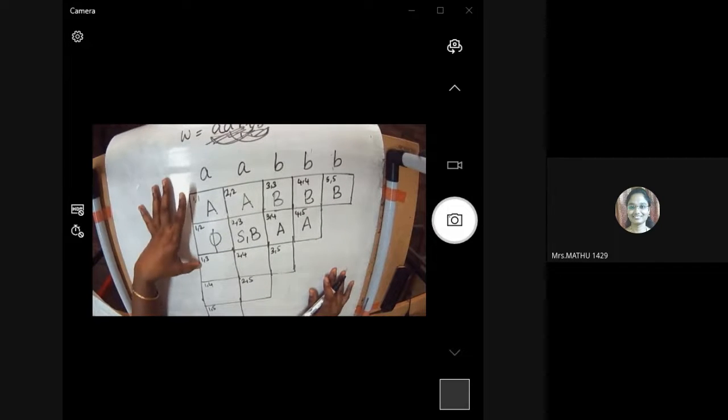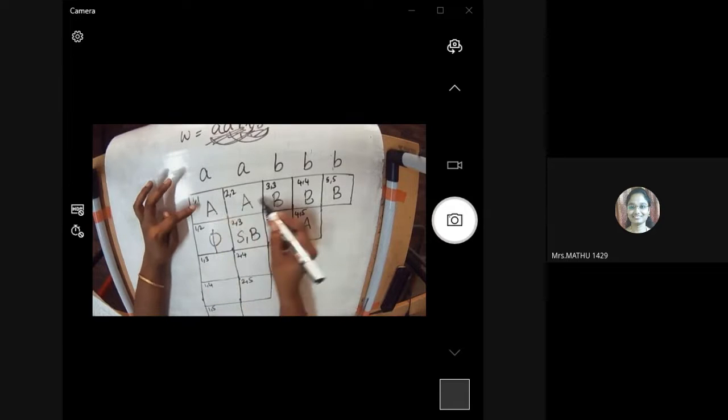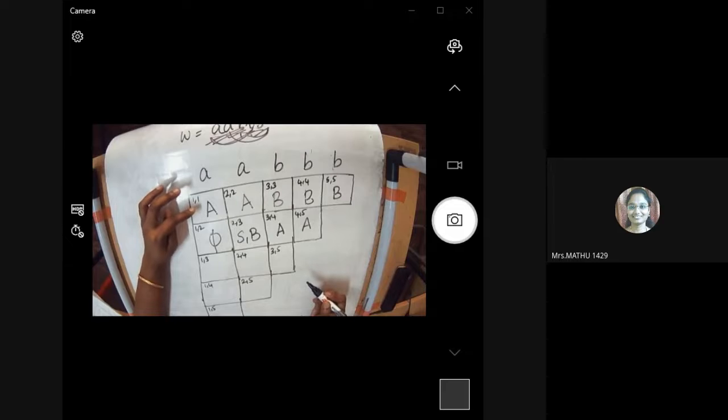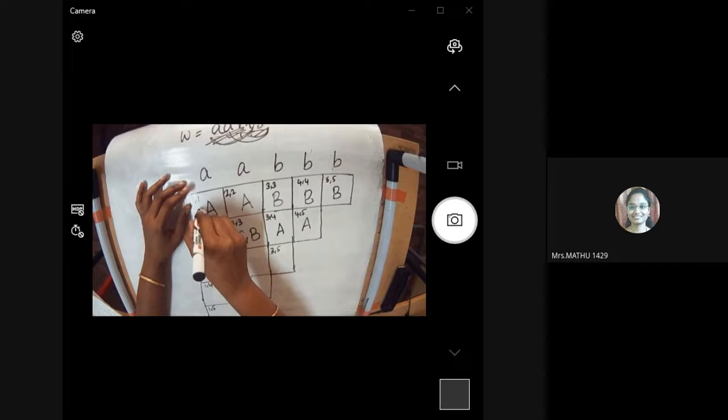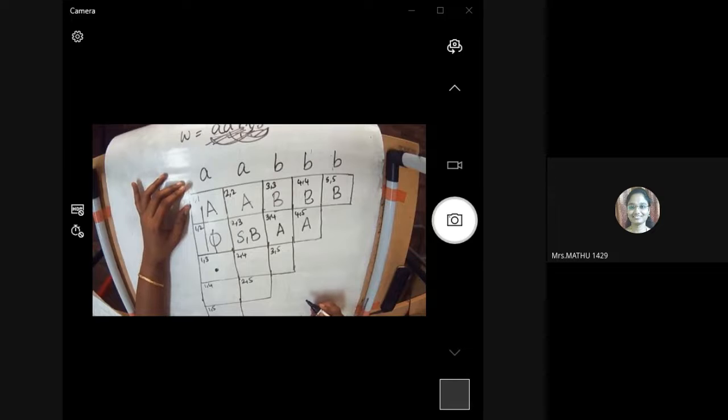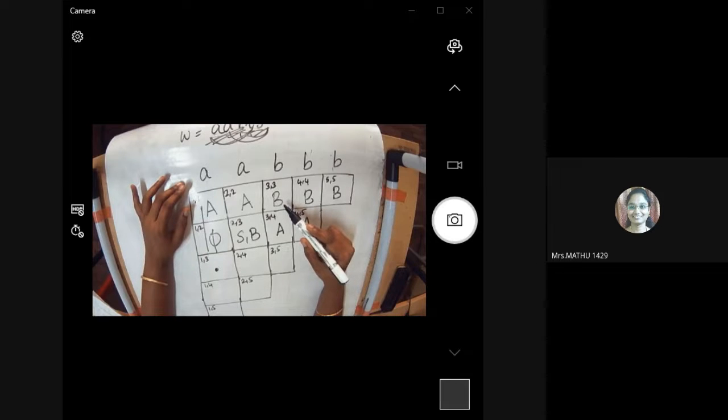Now, coming to the next row, since it involves three length substrings and all these together, how are we going to find this out? For this particular substring, to find what variables are generating it, you are going to take the variables that are above it, and also the variables present on its diagonal.